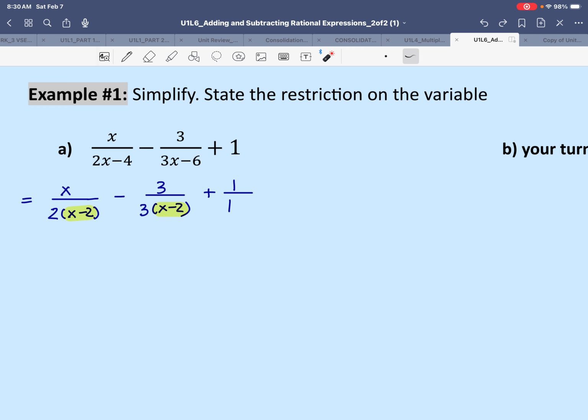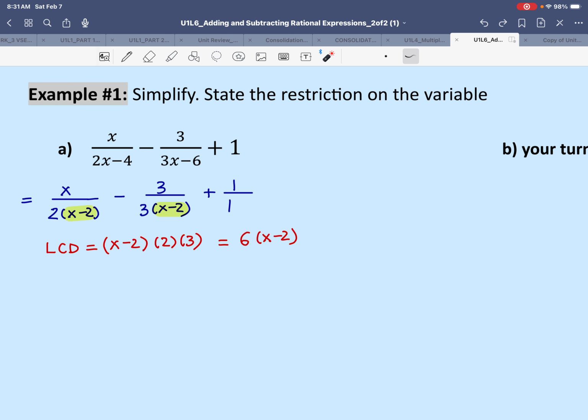So now that the denominators are in factored form, we will find the lowest common denominator. As you can see, x minus 2 is a common factor, so we list that only once. And then we have a factor of 2 and a factor of 3. That makes the lowest common denominator equal to 2 times 3, 6. And since this is a monomial term, we want to write this first and then the binomial term.